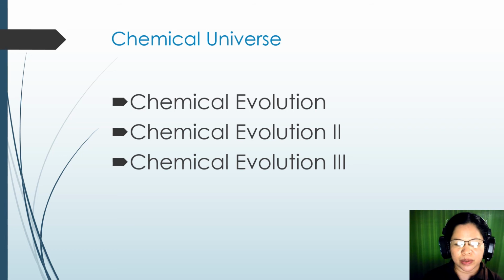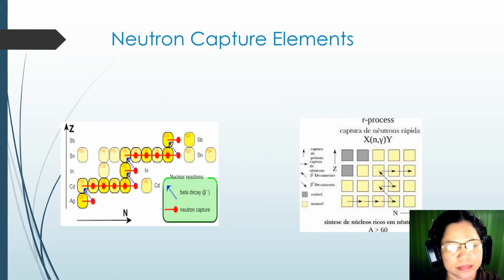in the periodic table. Many of these elements are usually radioactive in nature, and sometimes they are stable elements. Now, what about the neutron capture elements?